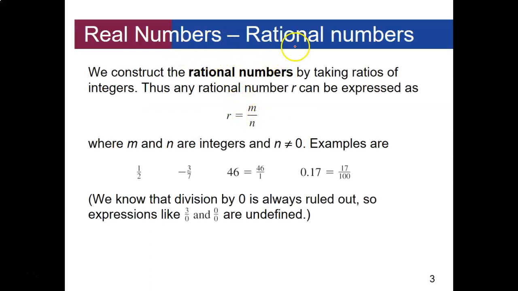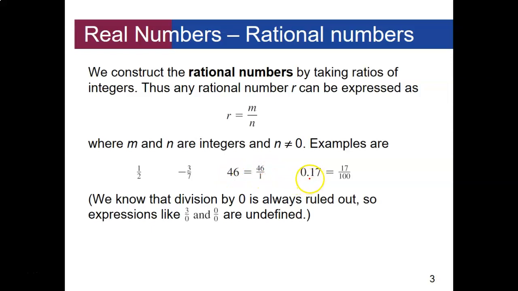Okay, rational numbers is another subset of real numbers, and rational numbers are constructed by taking the ratio of integers. So any rational number can be written as a fraction. All of these are examples of rational numbers: 1/2, -3/7. So we can have negatives with rational numbers. Any whole number can be made into a fraction by putting it over 1.